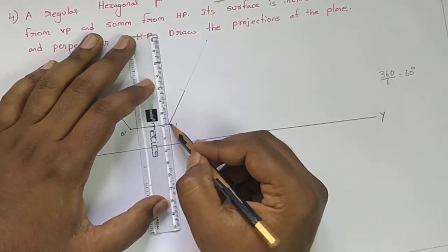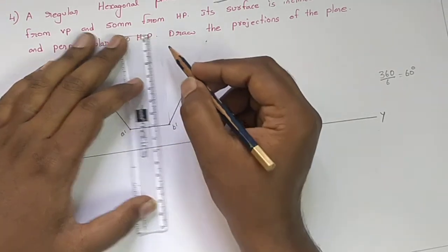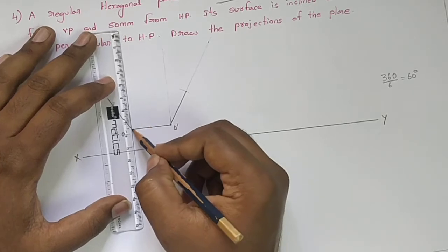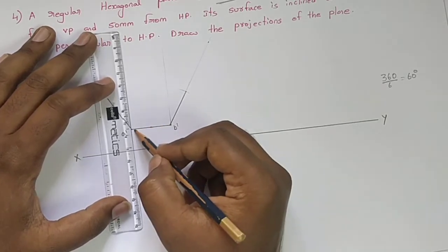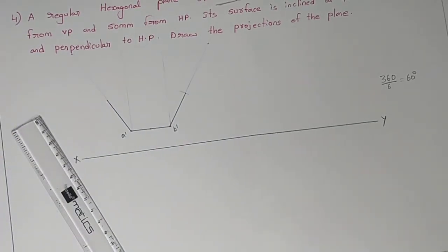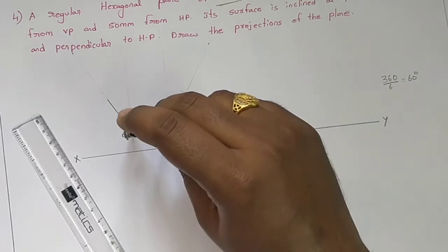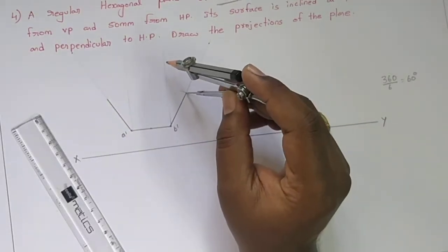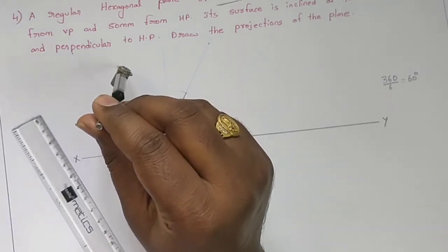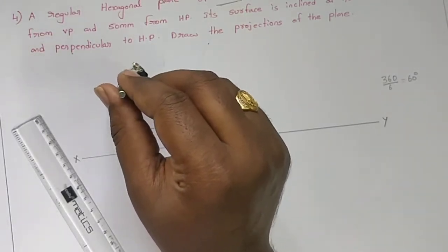Next we need to draw vertical lines from B dash and A dash, perpendicular to the base. Using the compass with radius AB, from this point cut the vertical line, and similarly from this point cut the other vertical line.